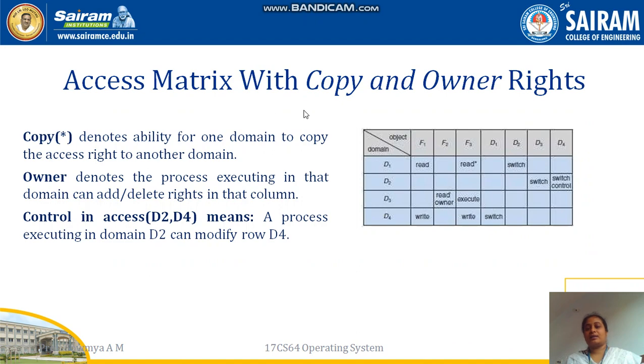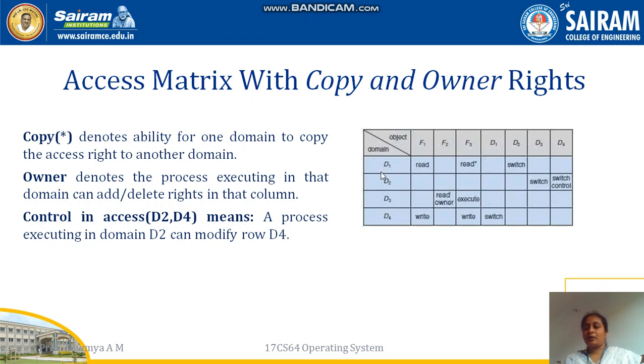Next one is the access matrix with copy and owner rights. Copy is specified with a star, and denotes the ability of one domain to copy the access right to another domain. So D1 can read the file and can copy it from one domain to another domain.